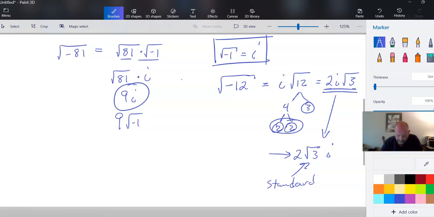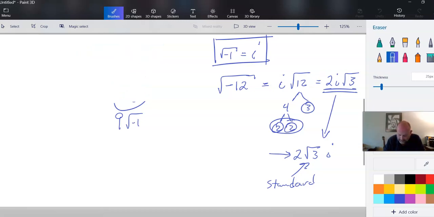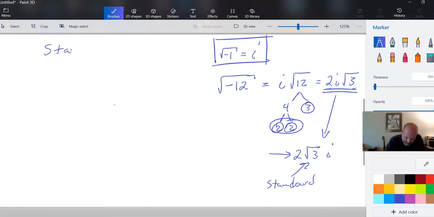right? In fact, we should define that a little bit better. Let me go ahead and do this. The standard notation for a complex number looks like this.